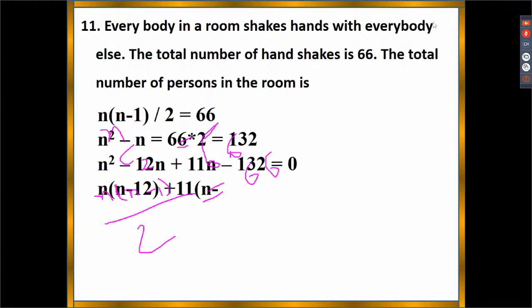n minus 12 into n plus 11. So n is equal to 12 and n is equal to minus 11. The n value is always positive.